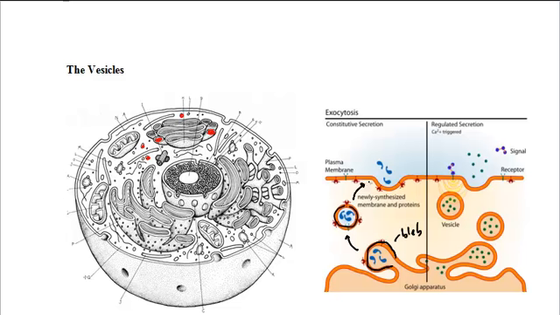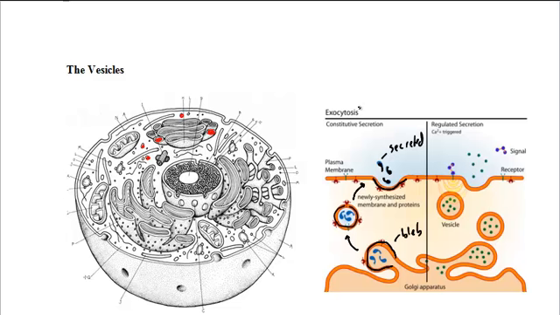It's moving up to the plasma membrane, where it fuses and becomes part of the plasma membrane. And anything inside it that's dissolved in its liquid is secreted out. And anything attached or embedded in its membrane becomes part of the plasma membrane.